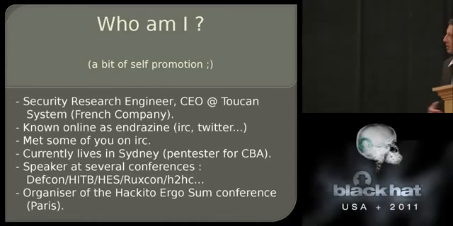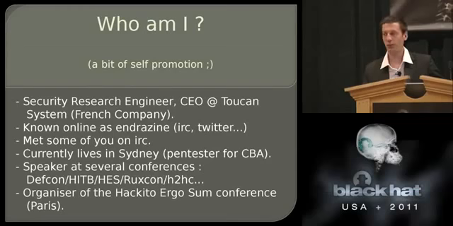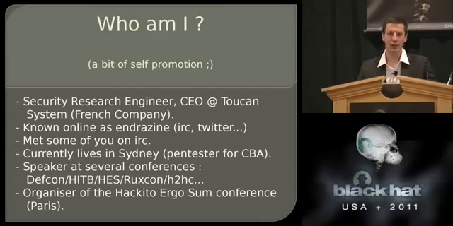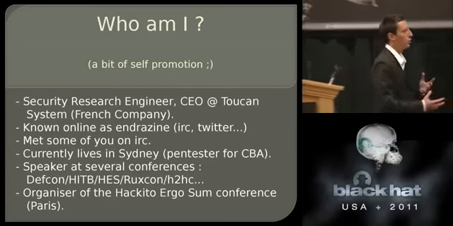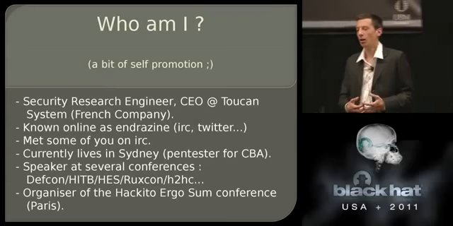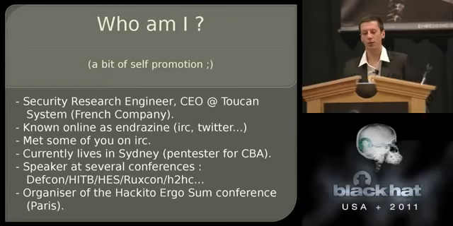So I currently live in Australia. I have my own company with a couple of friends in France. We work mostly for financial institutions, and our job is a cross between pen testing and research. Our clients expect us to come with absolutely new ways to find bugs in software.